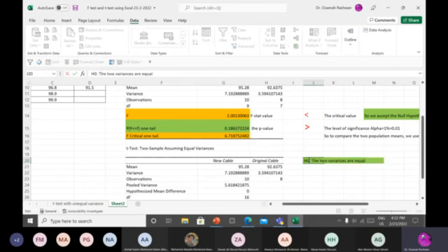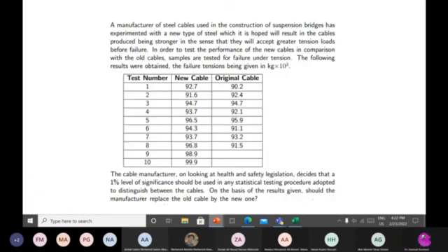Instead of the two variances, you say two means. Okay. And the alternative hypothesis, he said stronger in the question here. I have a word here saying a new cable in comparison to the old cable.